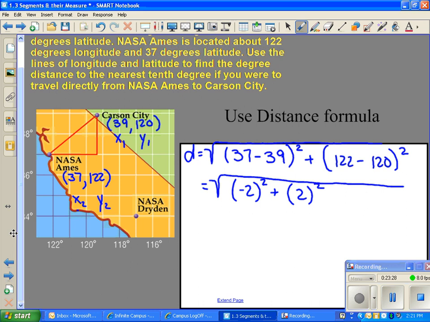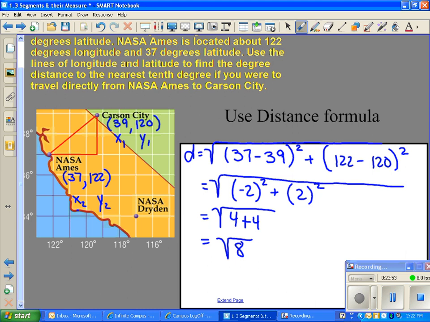Positive 4. Negative times a negative makes a positive. That's why I said parentheses are important, because if you don't have them, you may write down what the calculator says, and that would be wrong. So that's positive 4 plus another positive 4, which is a positive 8.